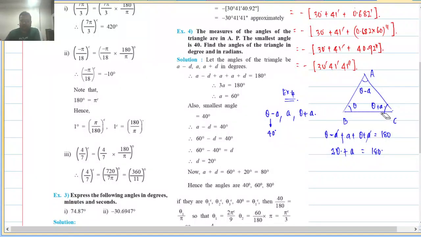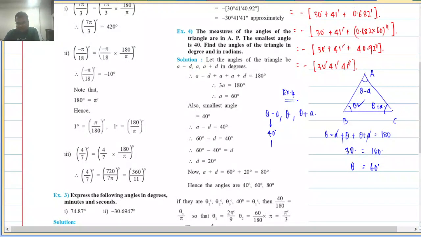Fine. So this particular thing was a mistake. It is not like this. It is theta minus a and theta plus a. So this should be theta. I have written it properly over here. While copying over here, I made a mistake. So I have 3 theta is 180. So theta is 60 degrees.